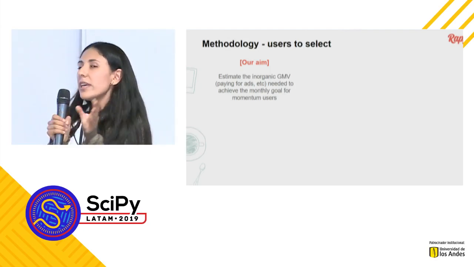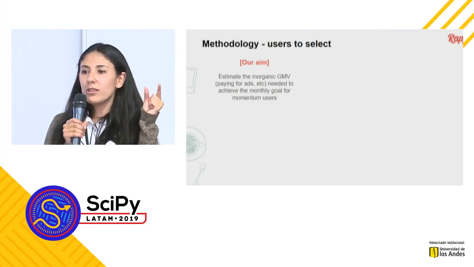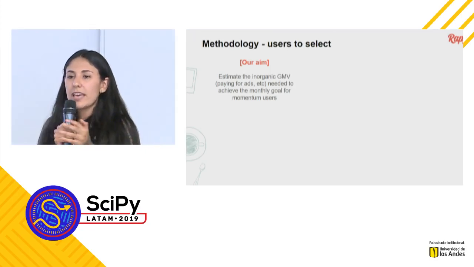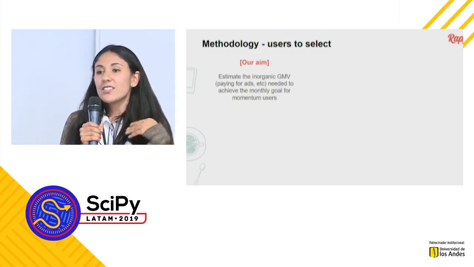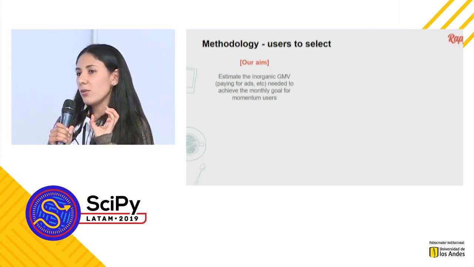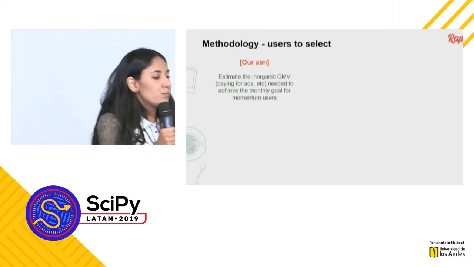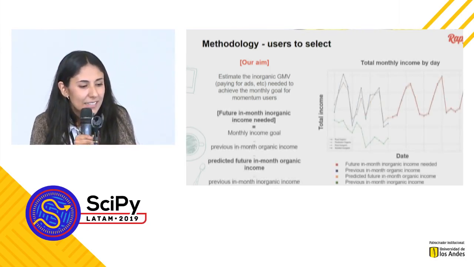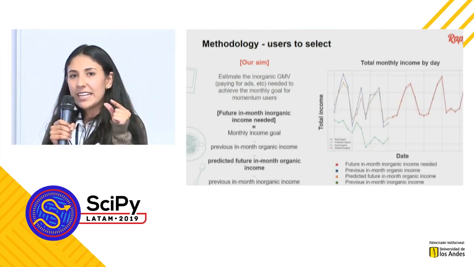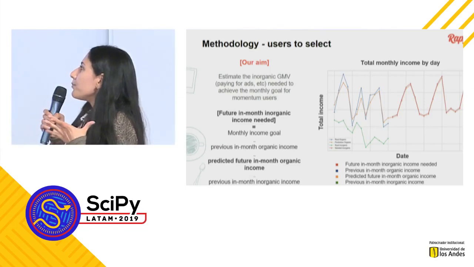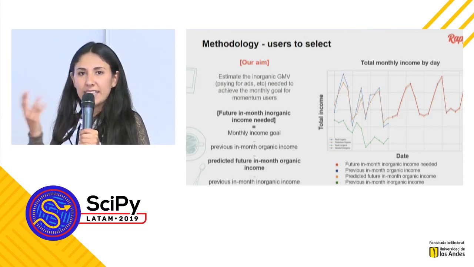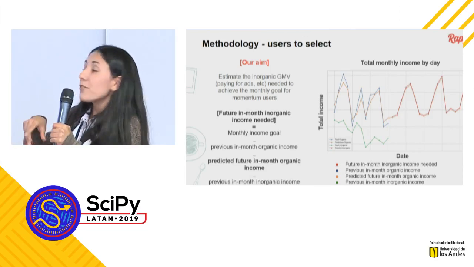As a growth team, we have a total income goal, and to define the users that we need to grant incentives to, we need to define the amount of inorganic income that we need to achieve that goal. For estimating this inorganic income, we did a prediction of the organic income, that is the income that comes naturally from Rappi, from users.